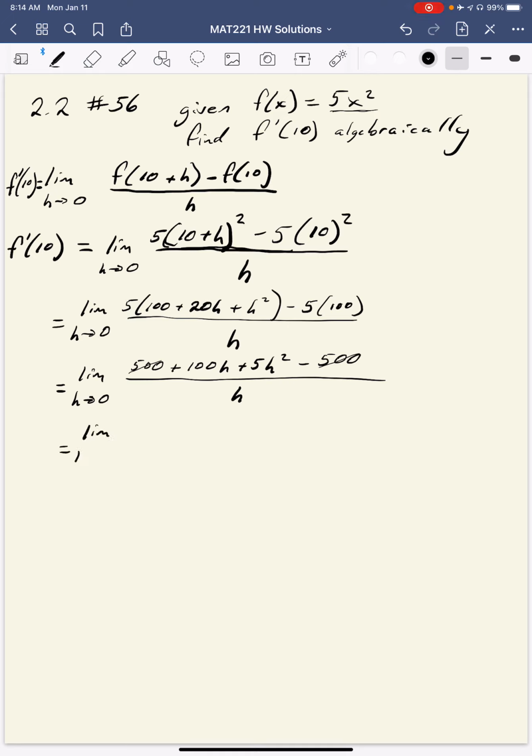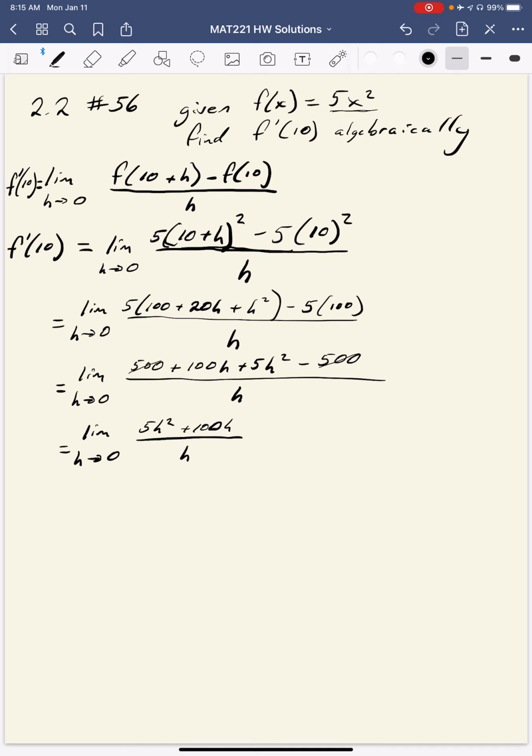So I have the limit as h approaches 0 of, and I'm going to just reorder this a little bit here. Sorry about that, got a little distracted for a moment. And I see that what I have left is 5h squared plus 100h all over h.